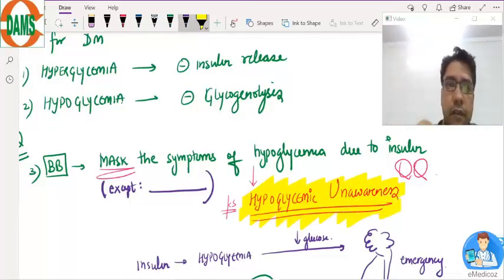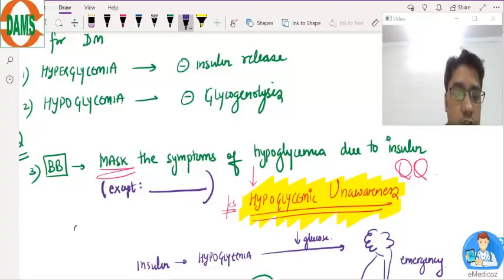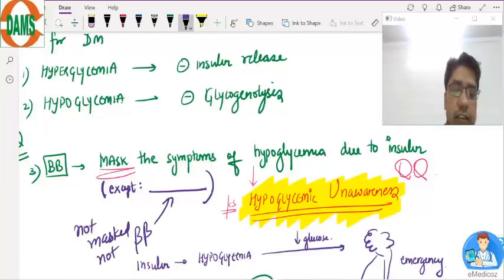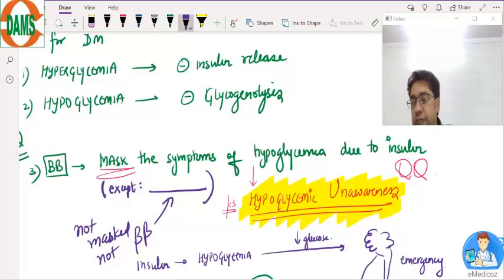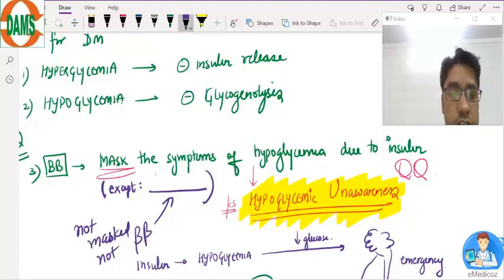Now question is, which symptom is not masked? Which symptom of hypoglycemia is not masked by beta blocker? You'll write sweating.